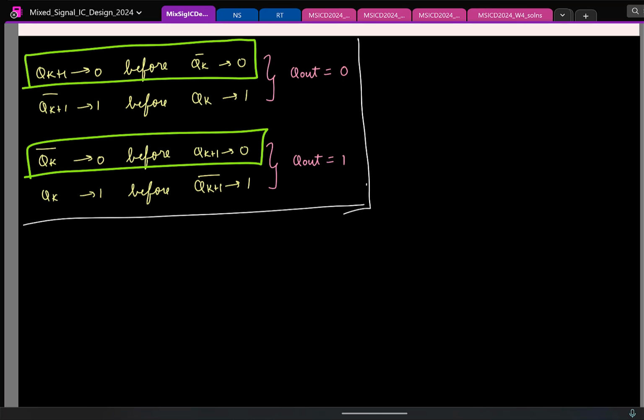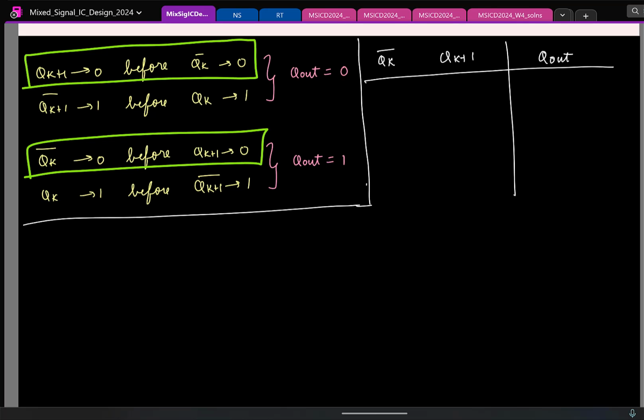Now we'll try to get a solution in circuits, and this is digital electronics. So to solve this, you first draw the truth table. And why do you draw truth table? Because truth table never lies. Okay. So I'll write that Qk bar, Qk plus 1, and then I want to make decision on Q. Again, I'll be slightly more hand wavy. The first condition says Qk plus 1 goes to 0 before Qk bar, right?